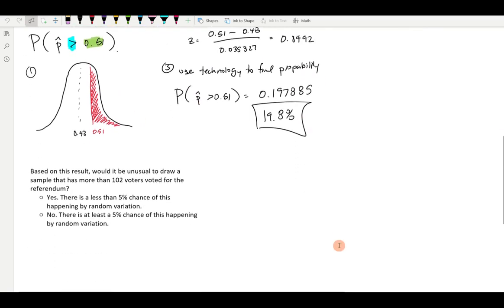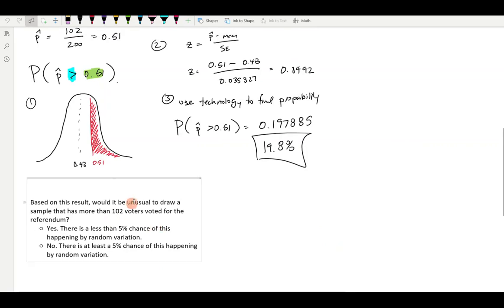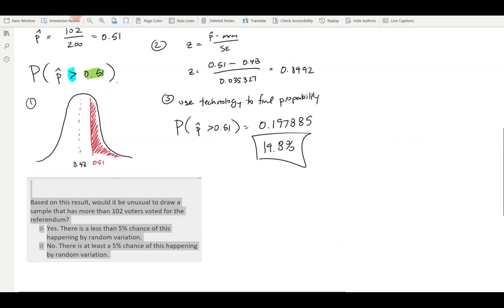So the last question we might ask, based on this result, is would it be unusual to draw a sample that has more than 102 voters? Oftentimes 5% is used as the cutoff point. So my options are either yes, there is a less than 5% chance of this happening by random variation, or there is at least a 5% chance of this happening by random variation.